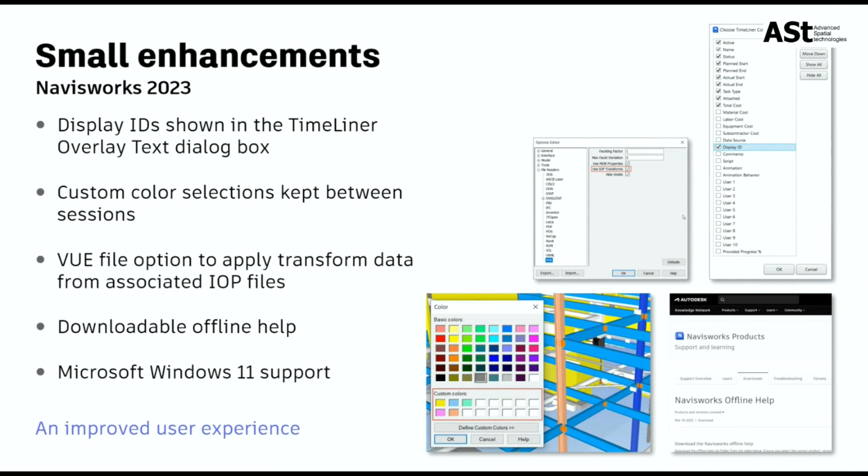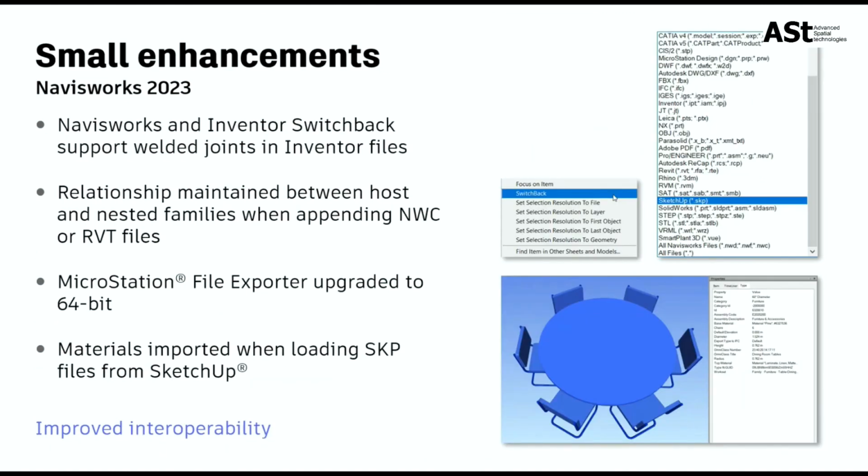And last couple of slides here, display IDs. These are now shown in the timeliner overlay text box. It now maintains the custom color selections between sessions. And finally, switchback enables you to select an object in Navisworks and then locate and zoom to the same object in a native CAD package.